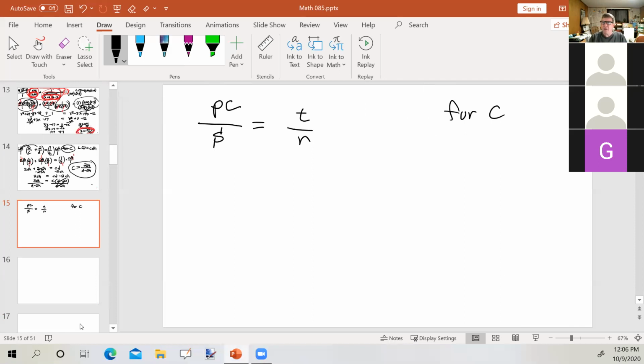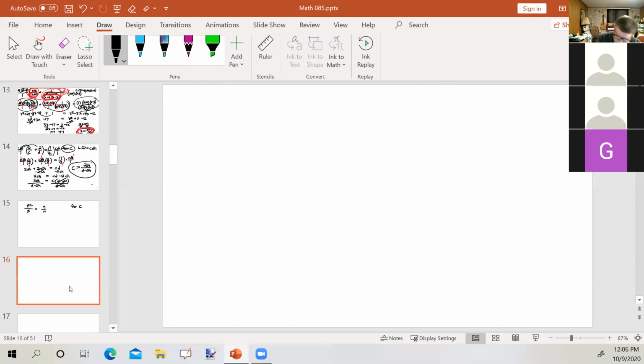We could do this in 2 steps, or we can do it in 1 step. I'm going to do it in 1 step first, and then if I lose you, I'll go back and do it in 2 steps. But let's look at something else for a minute. What if I had 2/3 C equals 14/9?